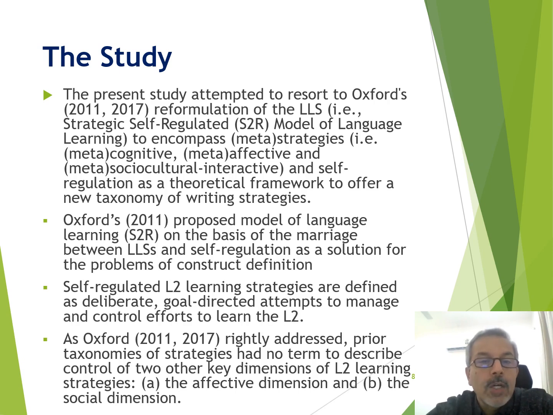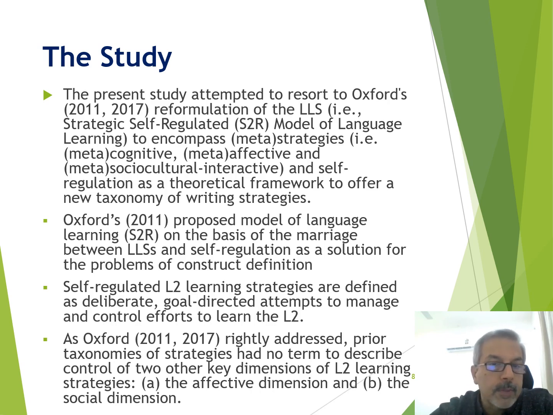But later on, she reformulated her former model, published a very influential book, I think in 2011, and later on it was edited and published again in 2017. So the name of the model is Strategic Self-Regulated Model of Language Learning.